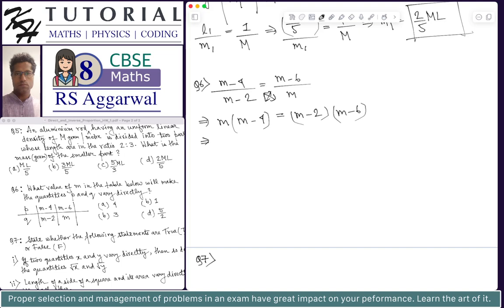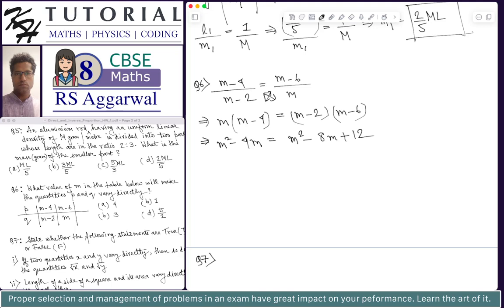Doing the product and simplifying both sides, we get m square minus 4m is equal to m square minus 8m plus 12.